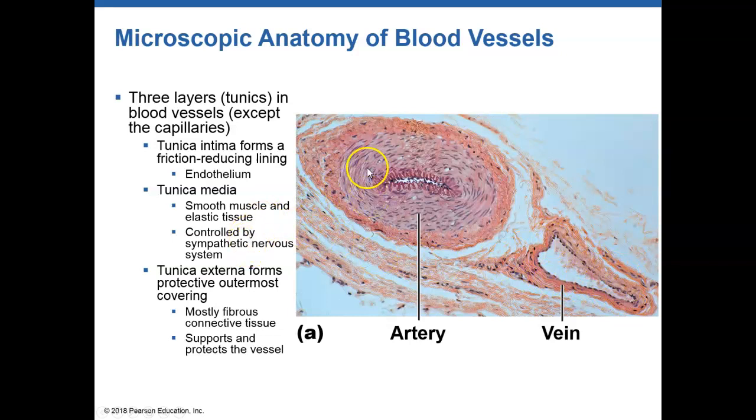But the artery is much thicker. The tunica externa then is mainly dense irregular connective tissue. Okay, and so it's an outer layer of tissue that protects both the artery and the veins.